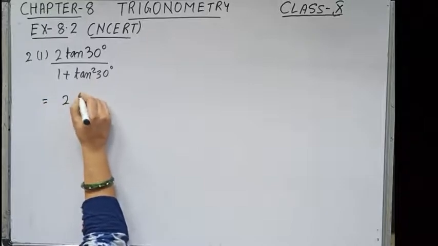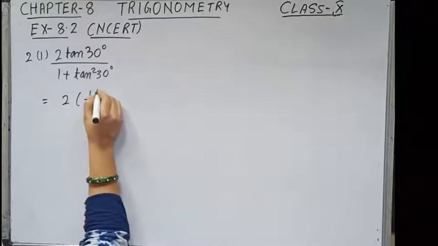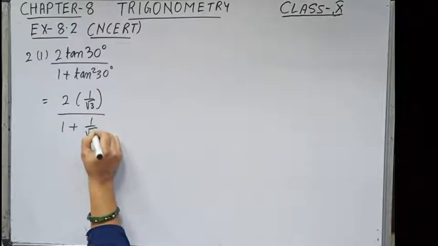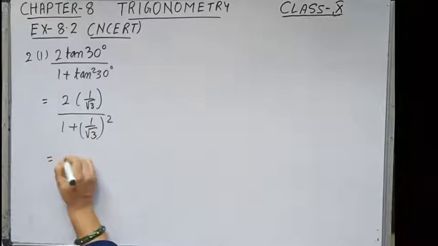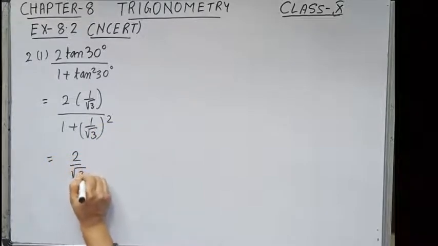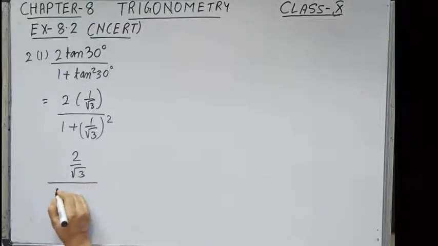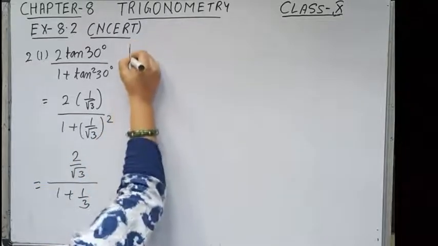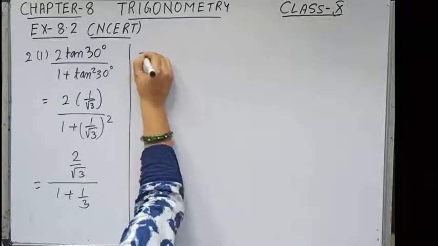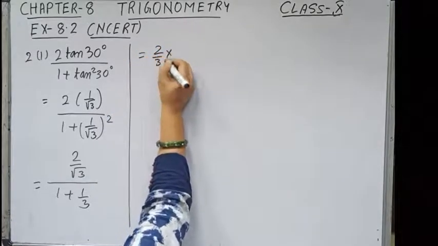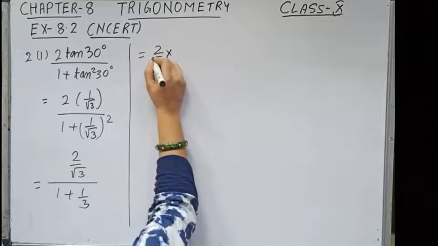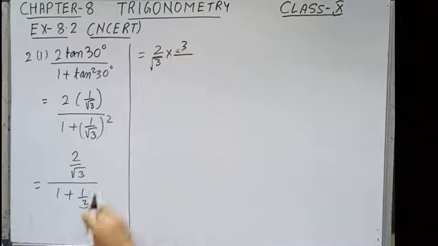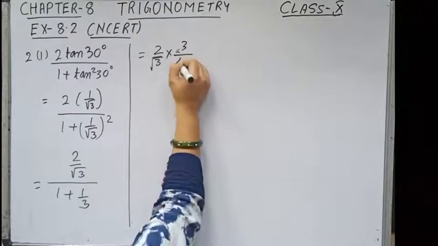Now, tan 30 degree is 1 by root 3, so 2 tan 30 degree is 2 by root 3, divided by 1 plus tan square 30 degree, which is 1 by root 3 whole square. So this will be equal to 2 by root 3 divided by 1 plus 1 by 3, which is 2 by root 3 into 3 by 4.